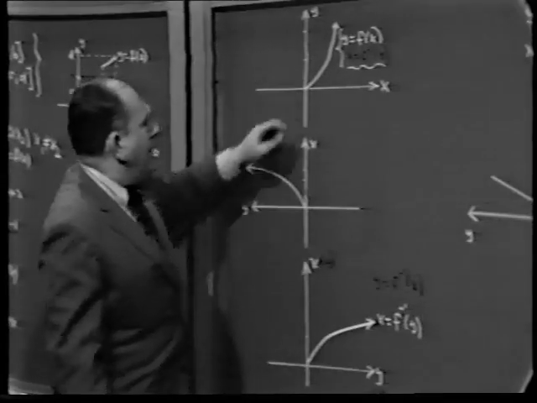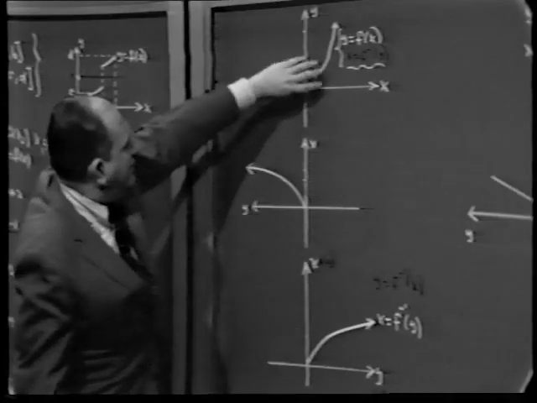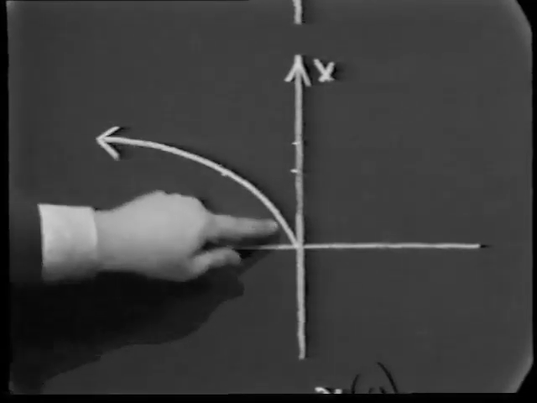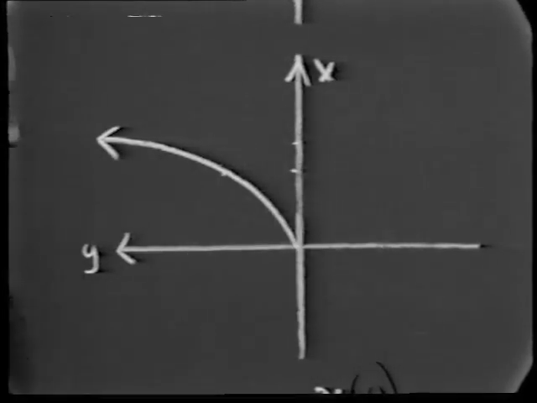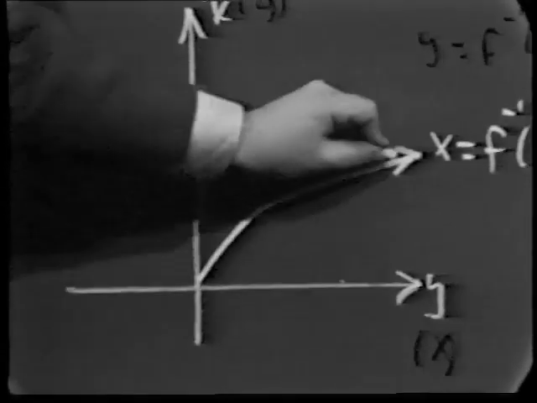So the idea is what? I simply fold this, rotate this thing through 90 degrees. And if I do that, the resulting picture looks like this. And once the picture looks like this, the next step is what? Flip this with respect to the x-axis. And now my picture looks like this.